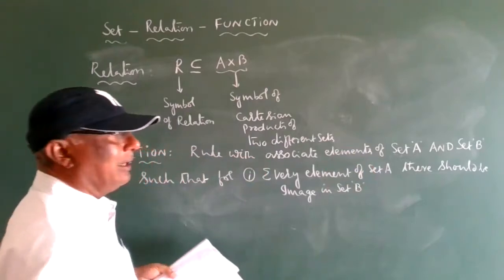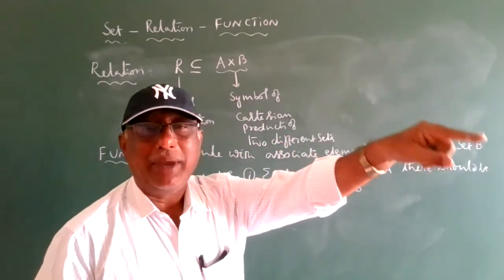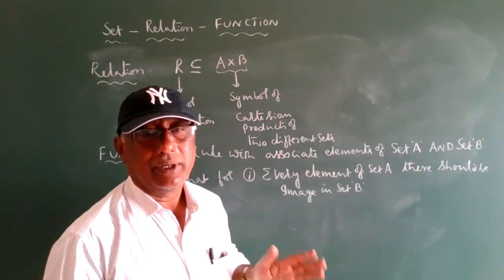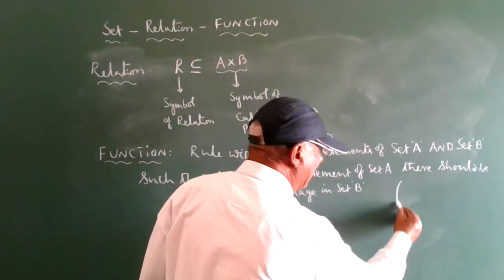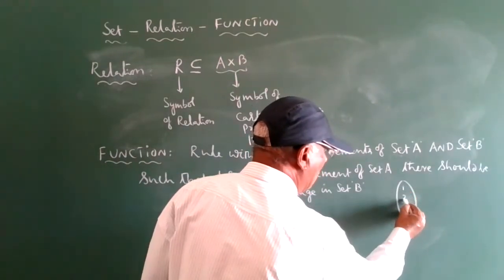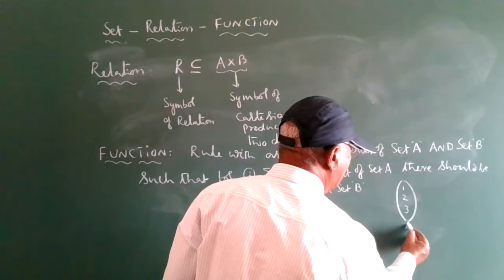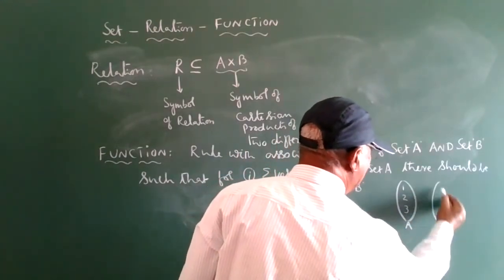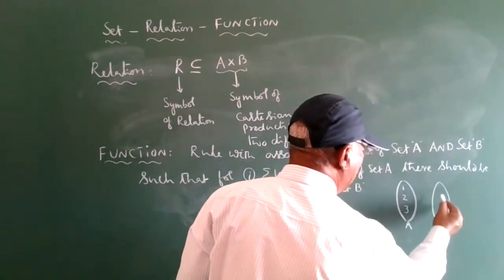That means at each A element I put the bulb, and its image is in B. Every element of set A: 1, 2, 3, this is the A set, and this is the B set.